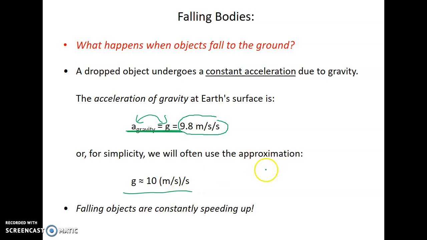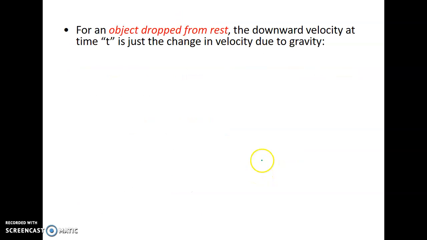Okay, so for an object dropped from rest, the downward velocity at a certain time, so if you drop a ball, its initial velocity is 0. You just drop it. You don't throw it up. You don't throw it down. The velocity that it has a second or 2 or 3 seconds later is just the change in velocity due to gravity.